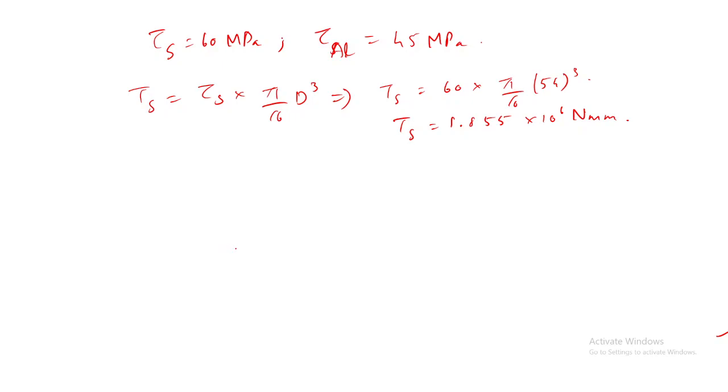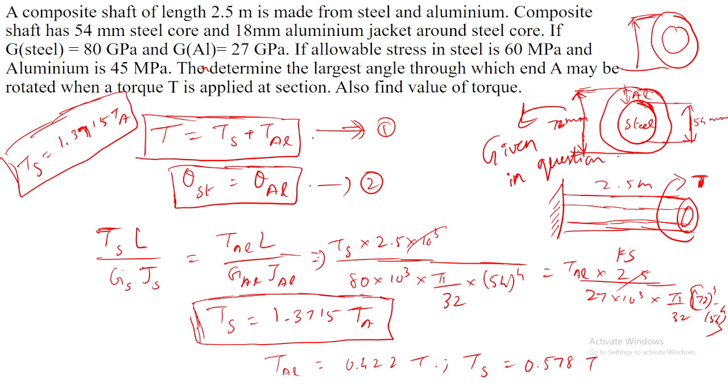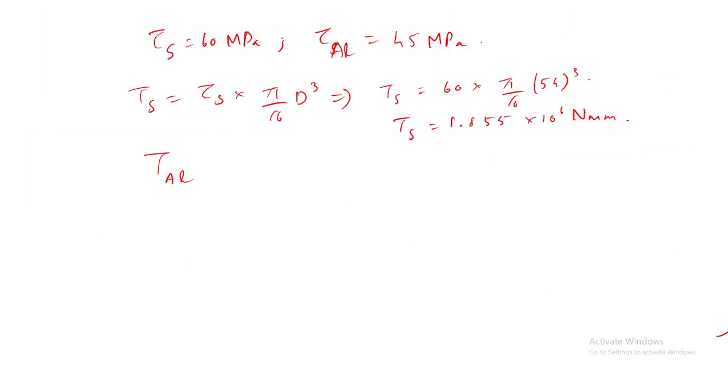Okay. See, now we have got the value of T. We have got T aluminum equals 0.422 of T. So first I have to find out the T value. Only Ts we have found out.